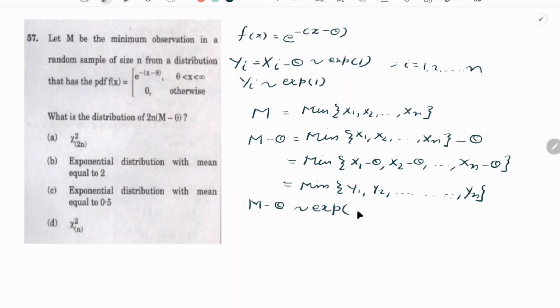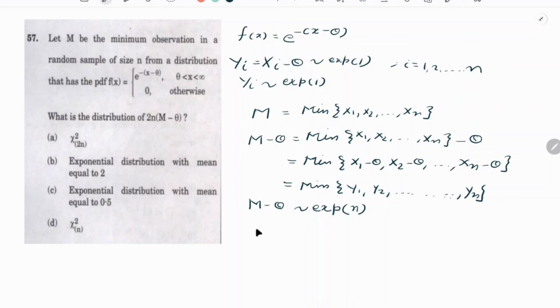And what will be the parameter? The sum of all the parameters will be the parameter of this distribution. So y1 is exponential 1, y2 is also exponential 1. So we sum 1 plus 1 plus 1 up to n times, so the summation will be n. So M minus theta is distributed exponentially with rate parameter n.